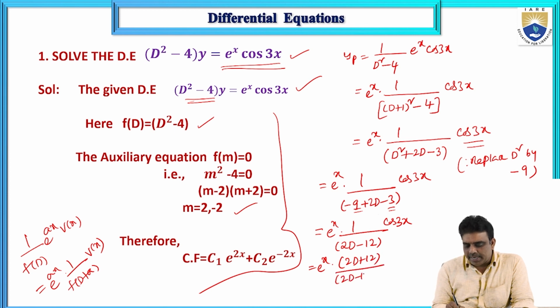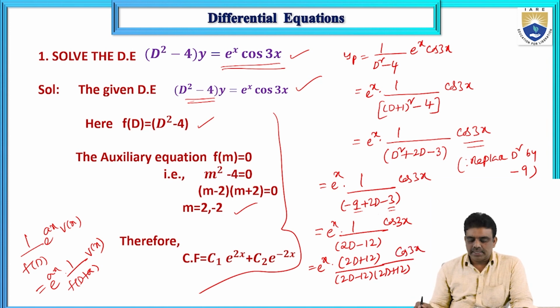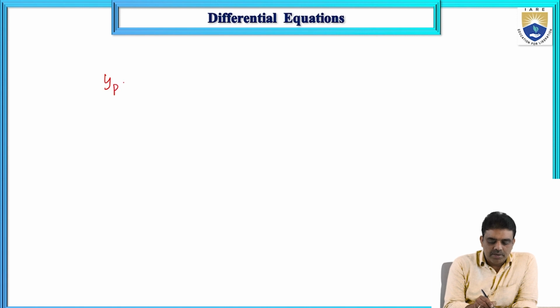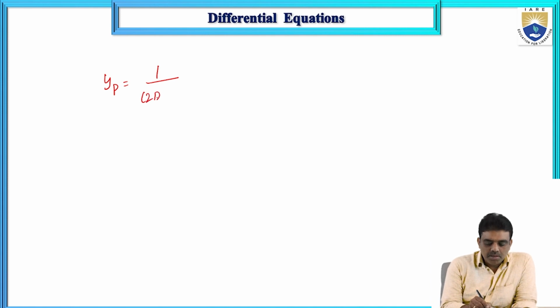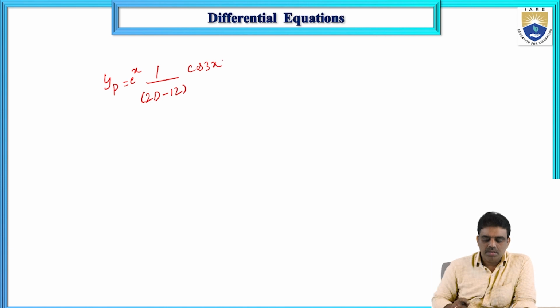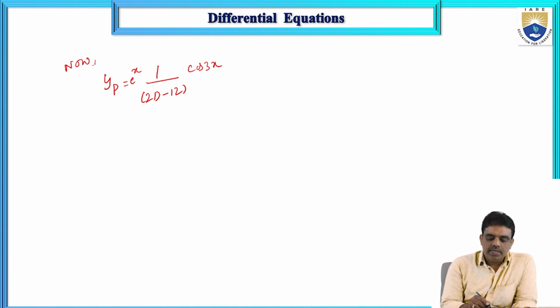So Yp is equal to e power x, which we already operated with, and we replaced D by D plus 1, then e power x into 1 by 2D minus 12 of cos 3x.